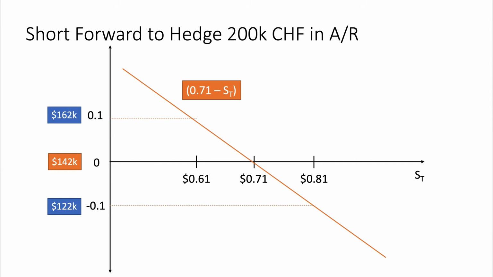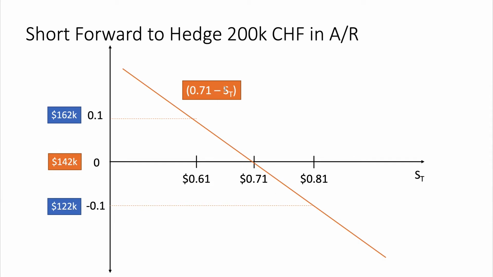Let's assume the forward price is $0.71 per Swiss franc. So you basically lock yourself in at 0.71. For 200K, you multiply by that number. Here is the direct quote: 200K times 0.71 gives you 142K dollars for that amount, 200K Swiss franc. Now, what is that line? That line is the short position.